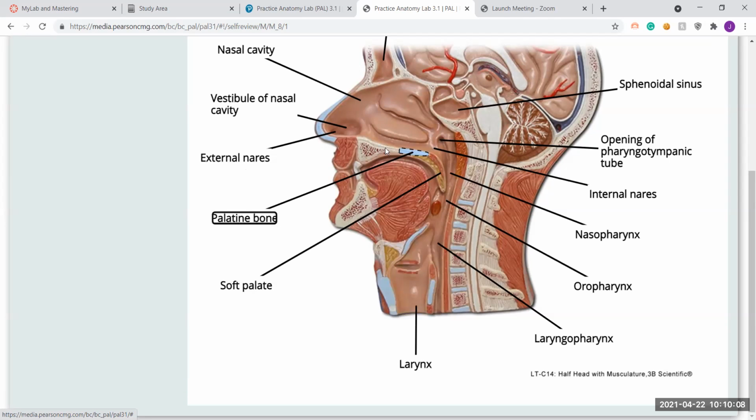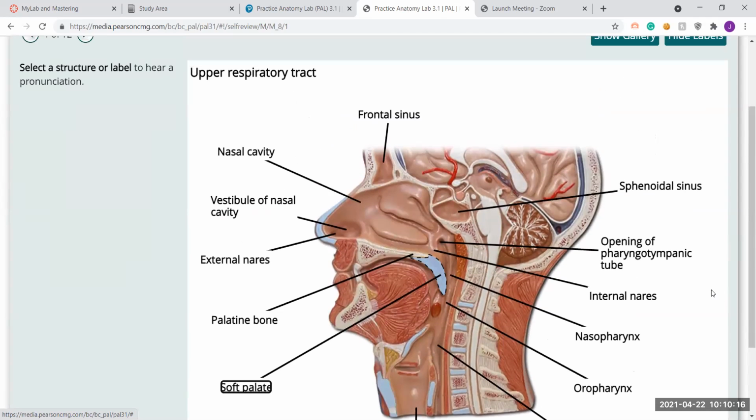The tonsils here, the palatine tonsil, and then the soft palate of your oral cavity. This is the hard palate, and this is the soft palate. You can touch your hard palate with your tongue easily, but you have to take your tongue very far back to see the soft palate.